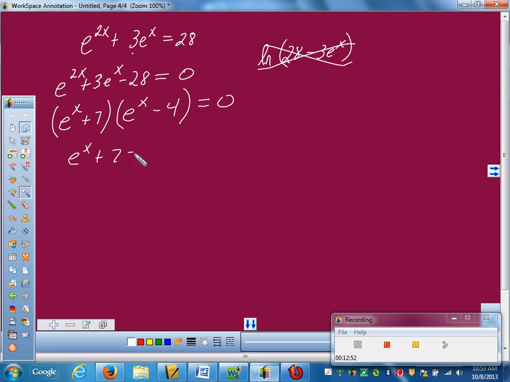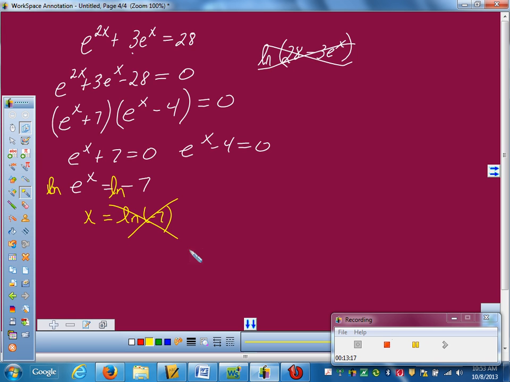Okay, so when you set them equal to 0, there's a shortcut coming. When I move that over, how do I get rid of e and get x solved for? Now you natural log it. Can I have the natural log of -7? No, so that's a bad answer. You can't have the log of -7.